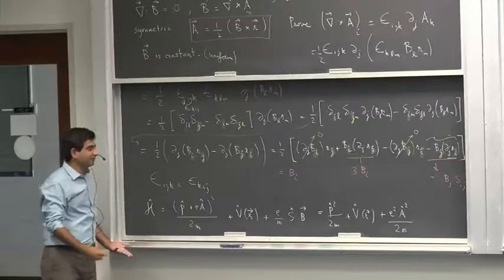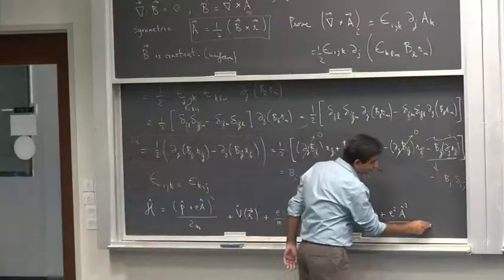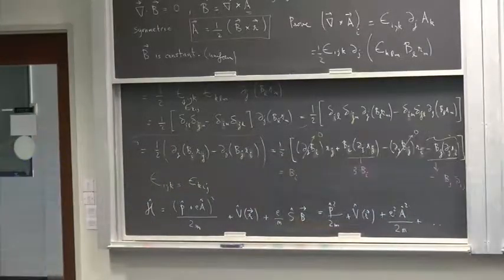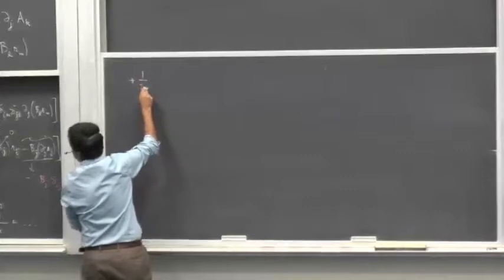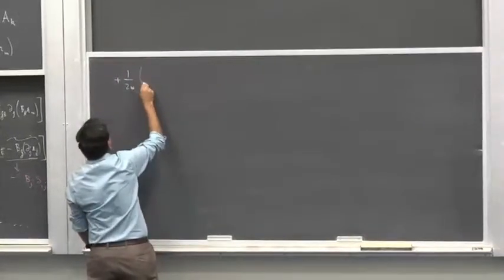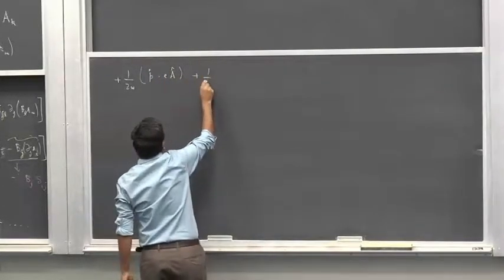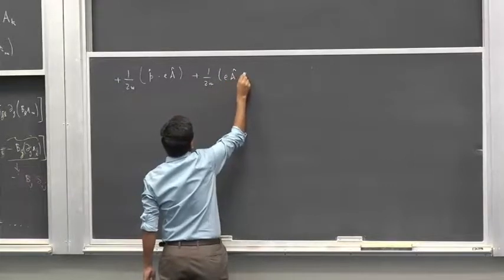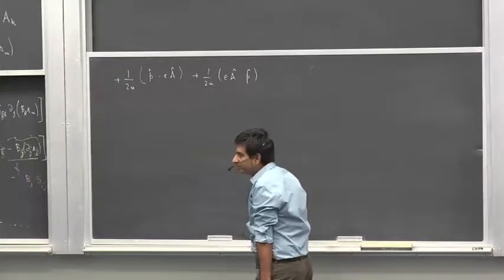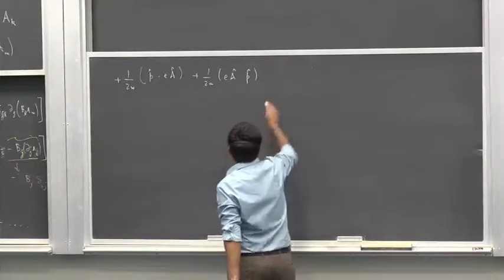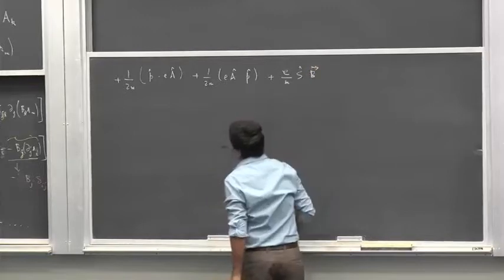Then I have other terms, so I'm going to write this on the next blackboard: a term 1 over 2m P dotted with eA plus 1 over 2m eA dotted with P. These are operators, so I don't know about the commutation relations at the moment. Plus the Zeeman term, e over m S dotted with B.